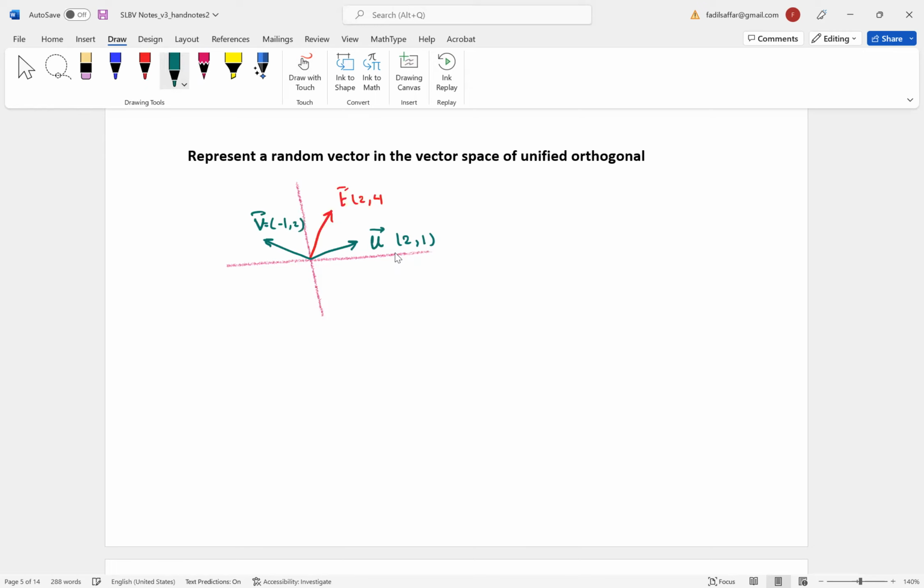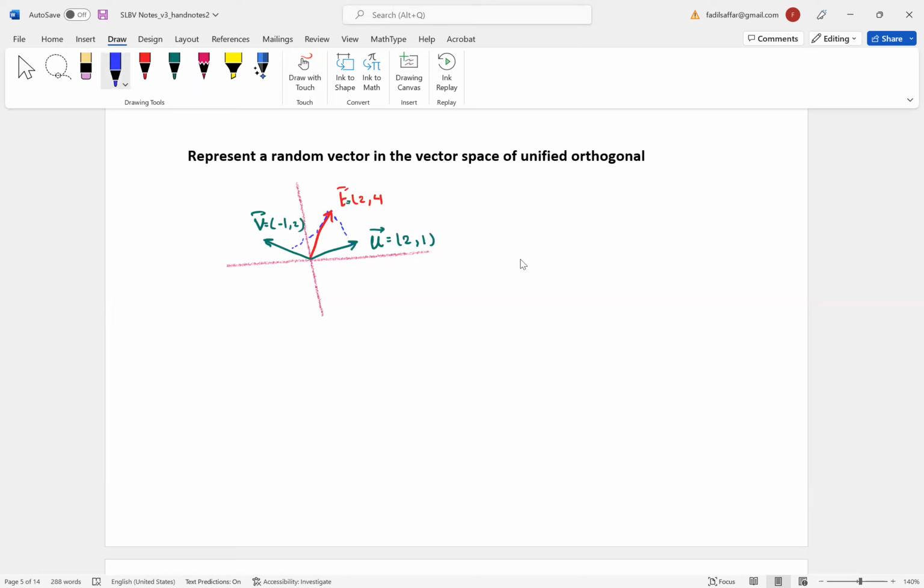I want to try to make a point anyway. So I want to find the projection of t on u and the projection of t on v.